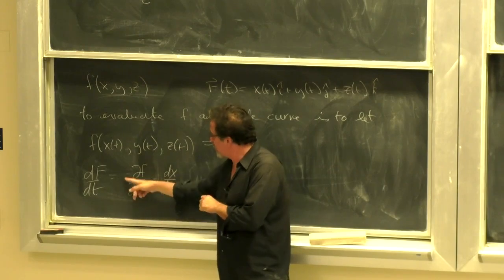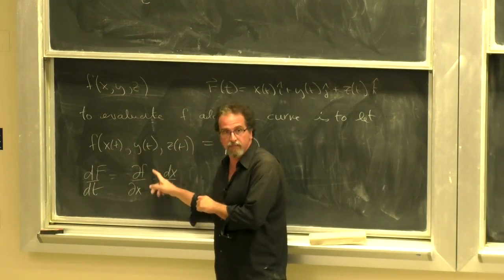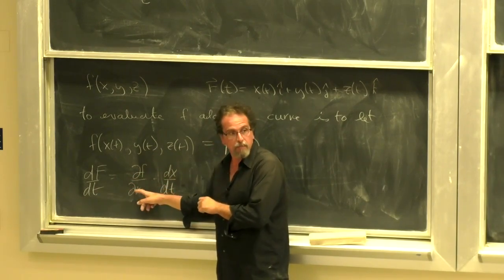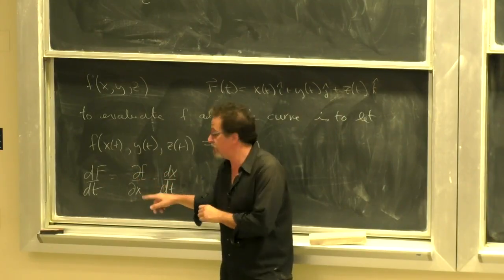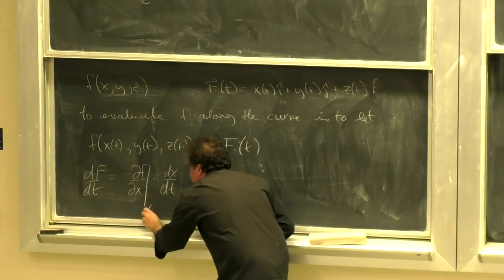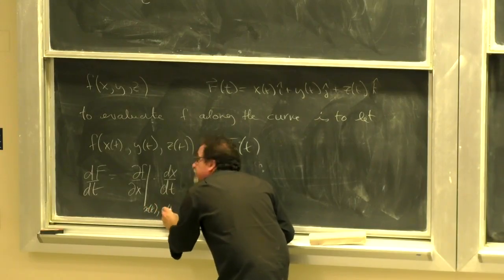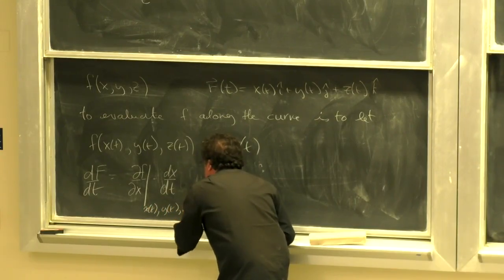So this is a function of little x, little y, little z, but you evaluate it at x of t, y of t, z of t.